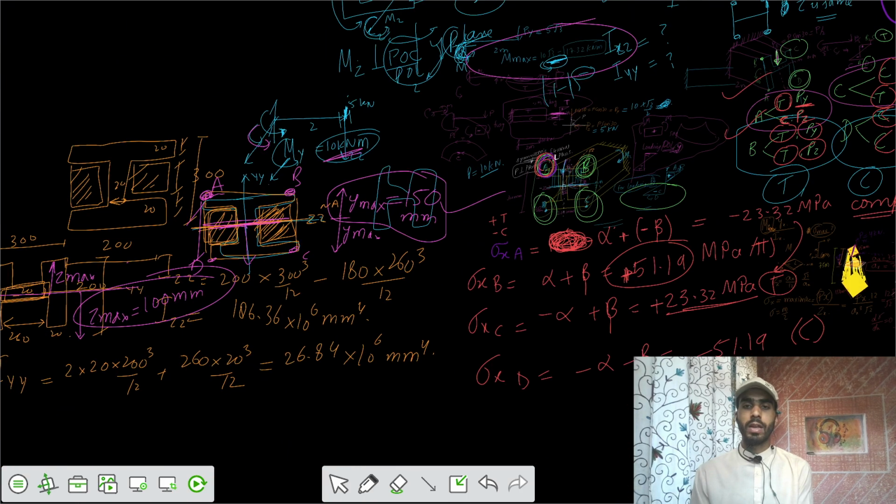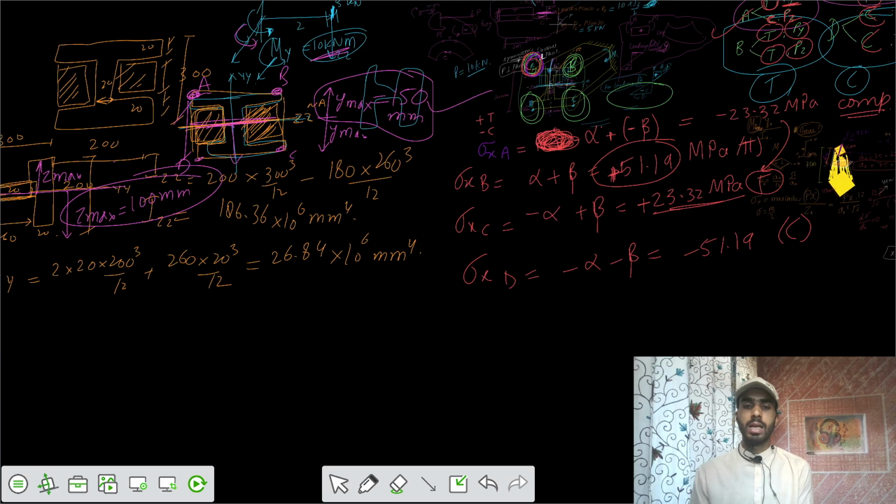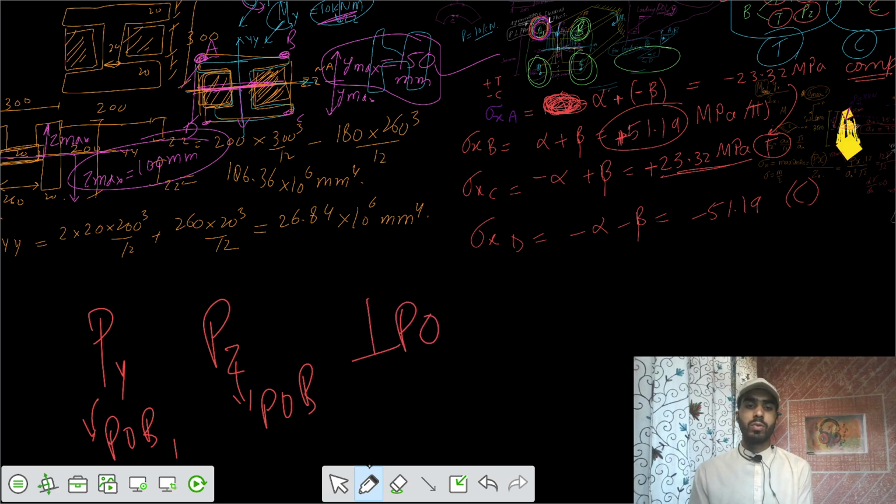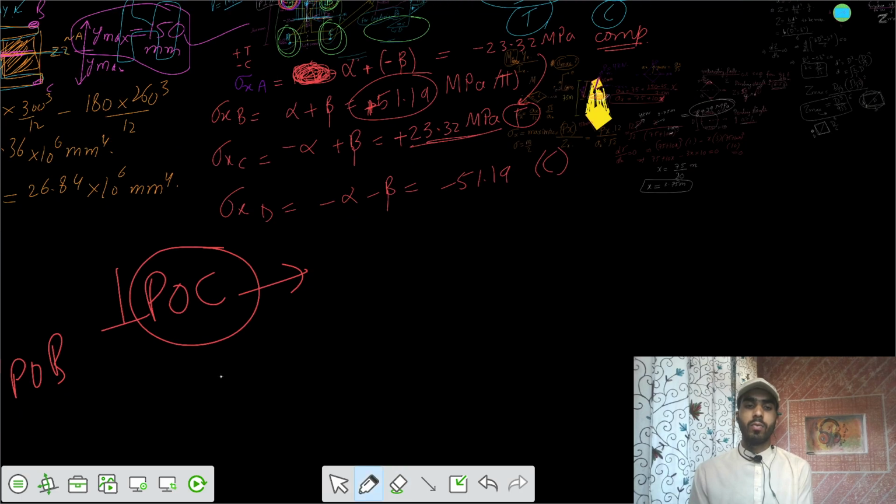So this was a very good problem of bending stresses that involved loading in Y and loading in Z. Because of that, you have plane of bending 1 and plane of bending 2. We had two planes of curvature, two planes of couples, and because of that, we had two neutral axes.